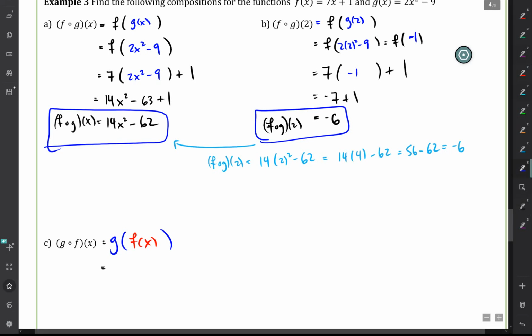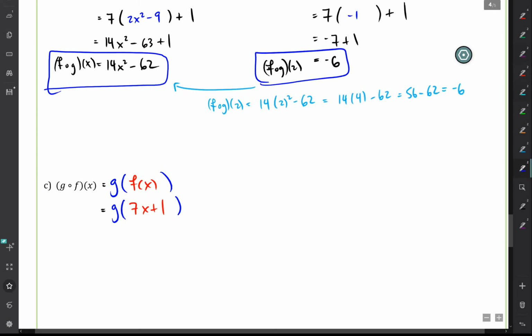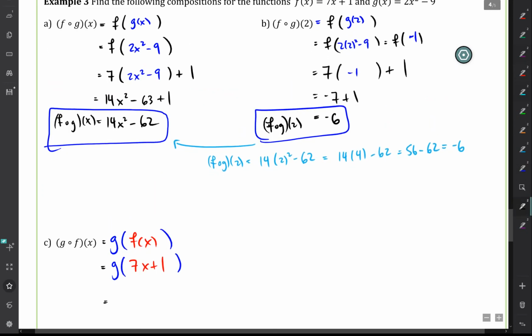So this is g of 7x plus 1. Well, g is 2x squared minus 9, so I'm going to write that as 2 times something squared minus 9, and I'm sticking in 7x plus 1.